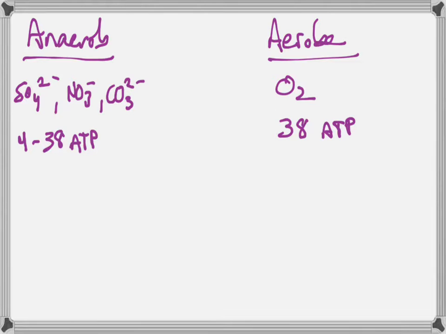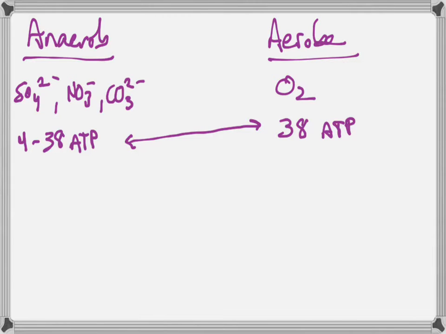What else? Those are the major ones, right? And this difference in the ATP yield is caused by these different electron acceptors and how much energy gets released from those electrons.